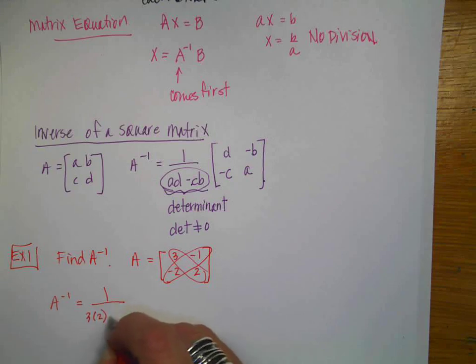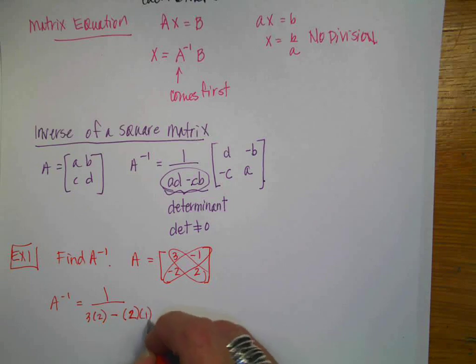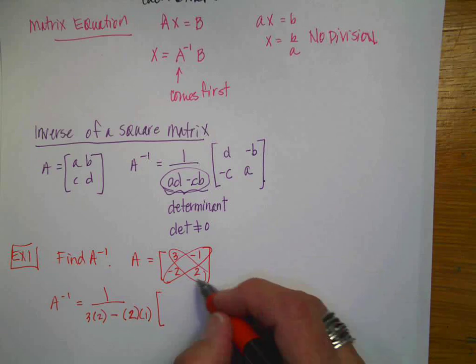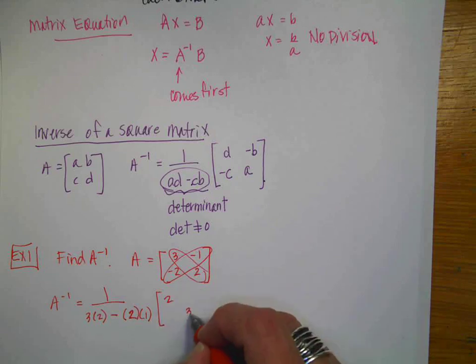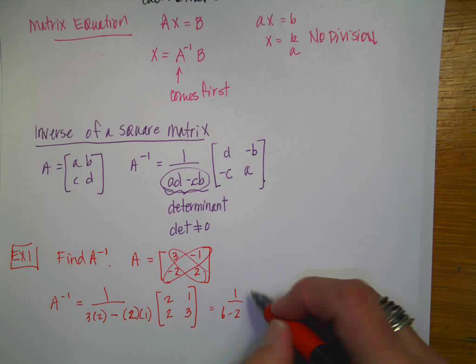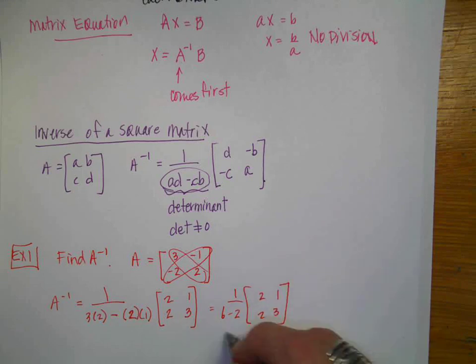So it's going to be 3 times 2 minus, sorry, I had a brain fart, a -2 times a -1, which is positive. And then I'm going to rearrange the elements on the inside. So this is 2 and this is 3, and then these guys change signs. So this is 1 over 6 minus 2 times 2, 1, 2, 3.